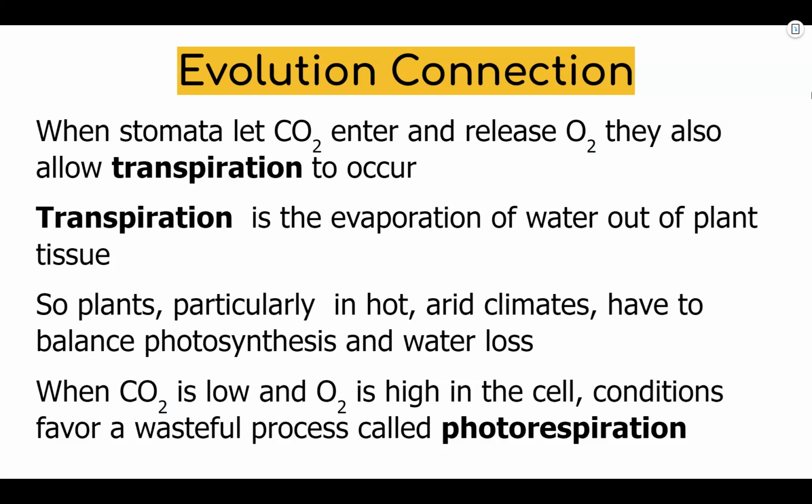The cell is really low in carbon dioxide and high in oxygen. They go through a process called photorespiration. This process is really wasteful. It doesn't do much for the overall health of the cell.